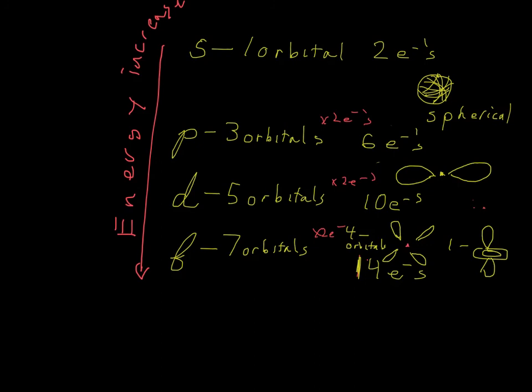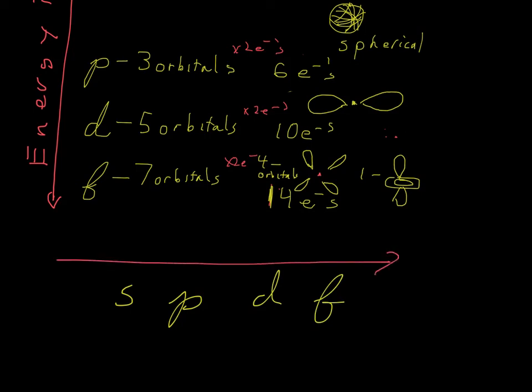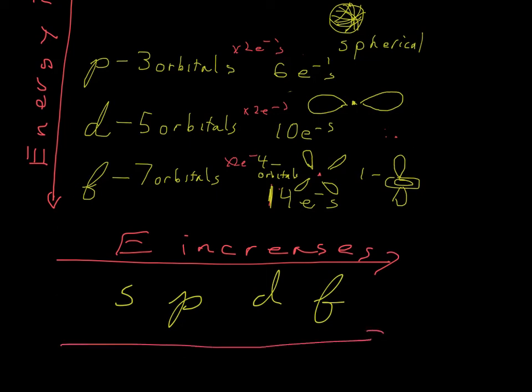Matter of fact, let me write that in a way that makes it a little prettier. S, P, D, F. Energy increases as you go from S to F, and therefore your average distance from the nucleus also increases a little, but it's more important to pay attention to that energy difference. Energy increases from S to F.